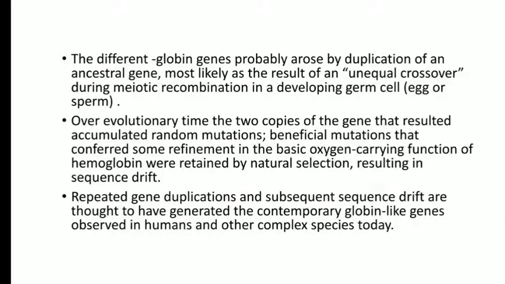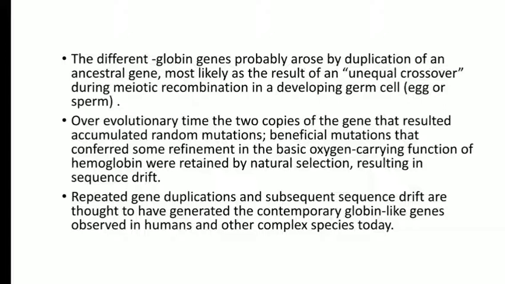Globin genes arose by duplication of an ancestral gene, which is the result of unequal crossover during meiotic recombination in a developing germ cell. Germ cell means egg or sperm. Over evolutionary time, the two copies of the gene accumulated random mutations.